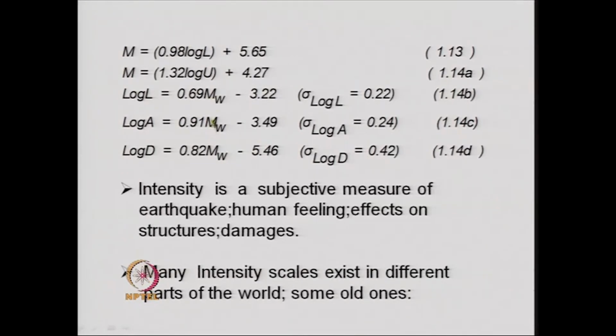The other three equations represent the relationship that exists between the rupture length, rupture area and the displacement at the fault line with MW. These equations provide the mean value of the quantities, and these mean values have a meaning in the sense that the L is considered as a random variable.